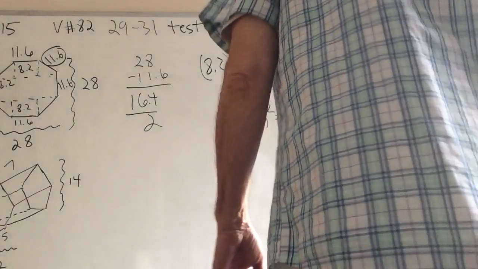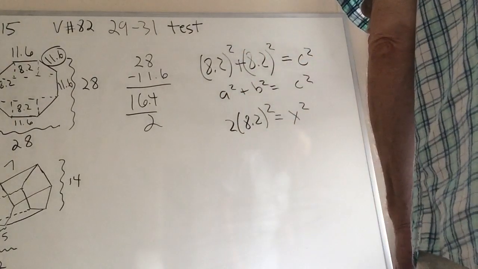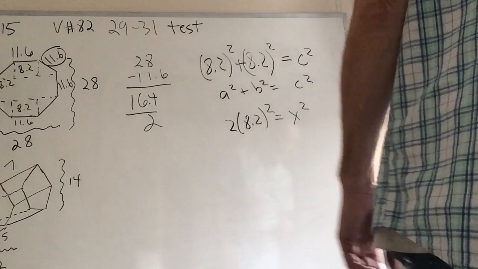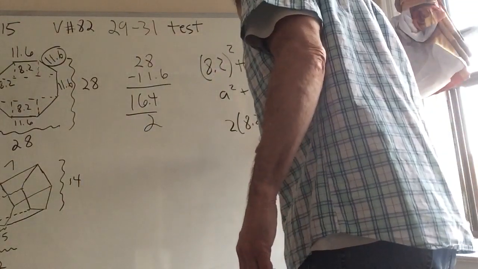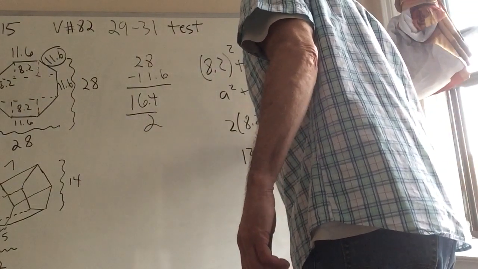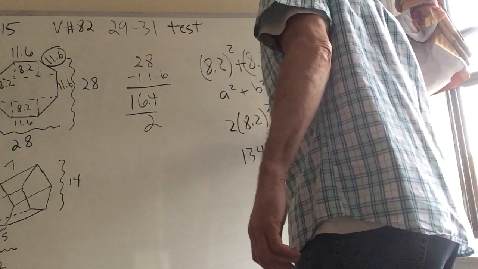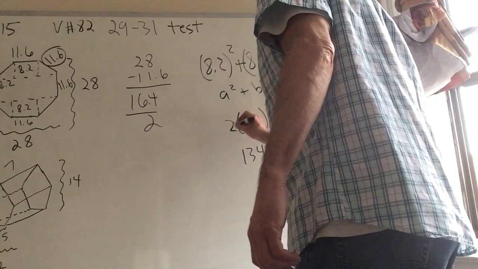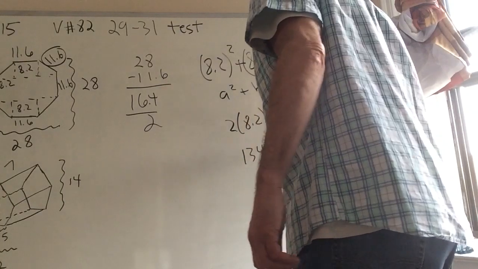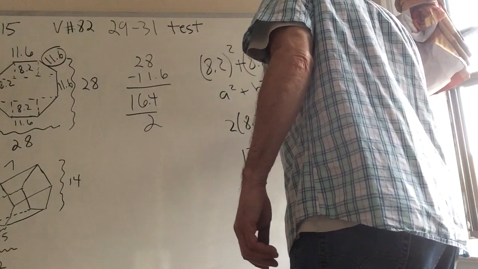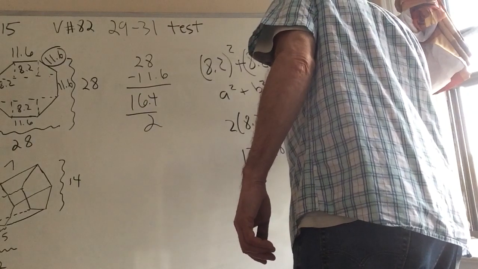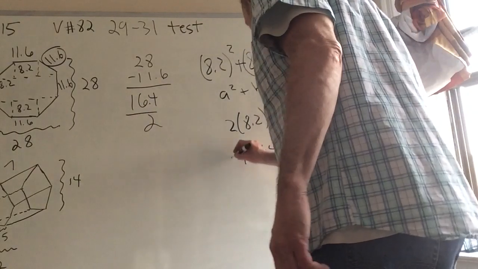And when we put everything into the calculator, which I'll allow you to do, you're going to end up with 134.48, I believe it is. That's what you get when you square this and multiply it by 2, following the laws of PEMDAS. And there we go, that equals x squared.